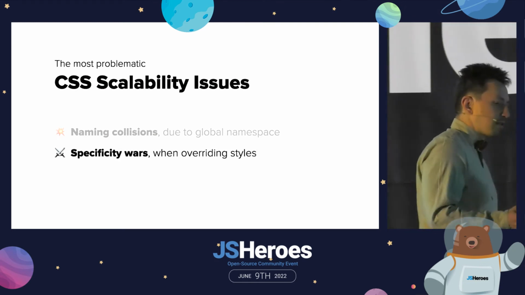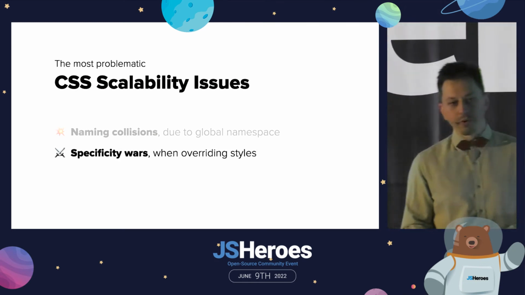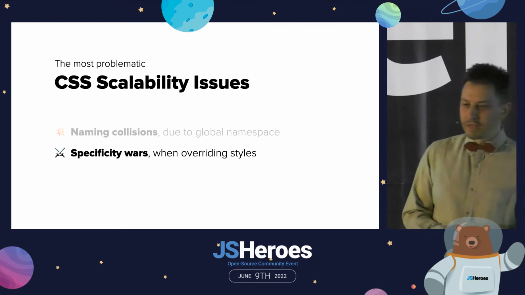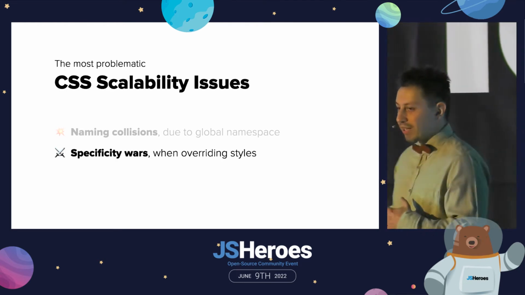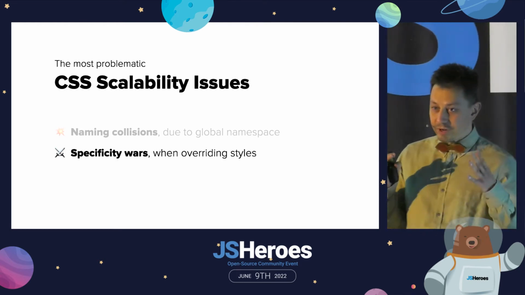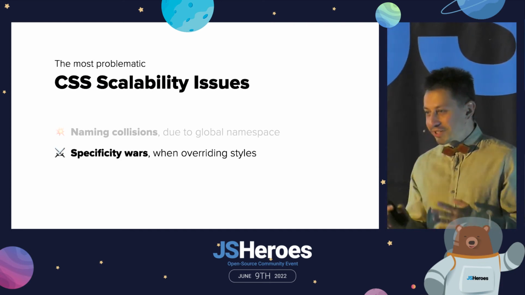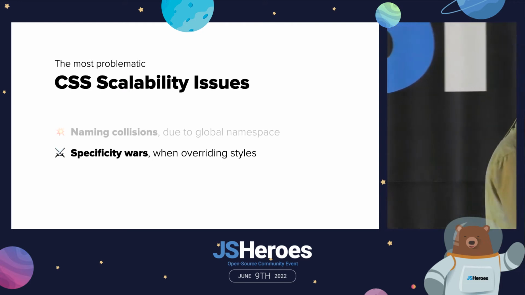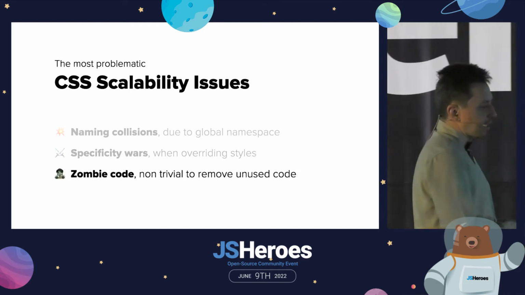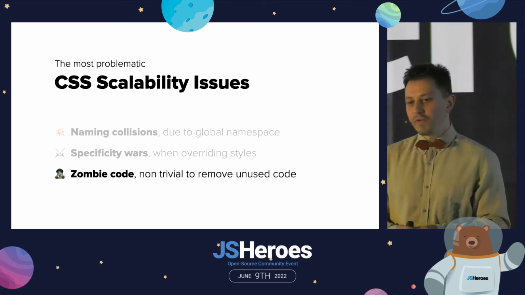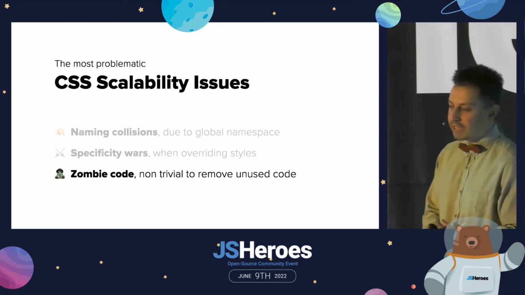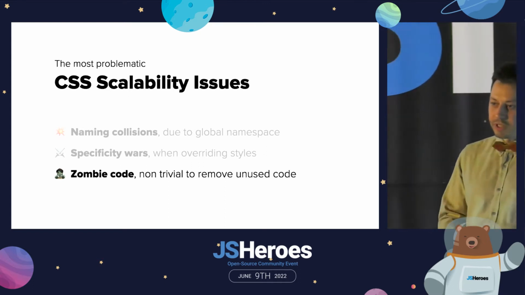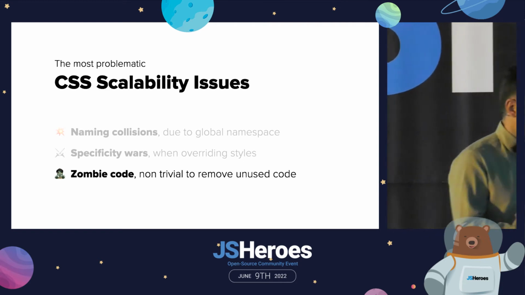In order to fix these issues, we would probably rely on specificity, which will only lead to the specificity wars. And if you haven't encountered this problem, please talk to me in the break, because I'm really interested in how you avoided them. And last but not least, removing unused code, also known as zombie code, is non-trivial, especially in highly dynamic applications with plain CSS.